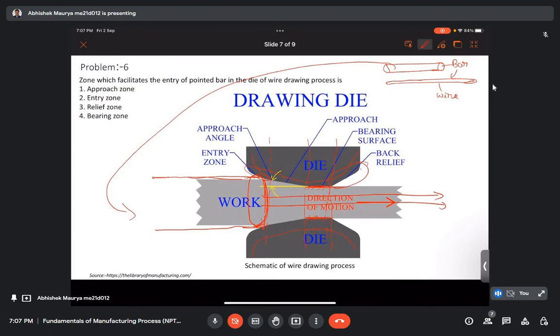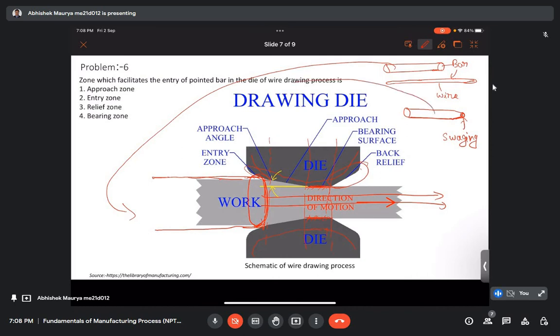What we have to do is take the bar, and from the end where we want to start the wire drawing process, we reduce the cross sectional area to a somewhat smaller diameter, and this process is called swaging. This is done so that it can fit into the wire drawing die easily.